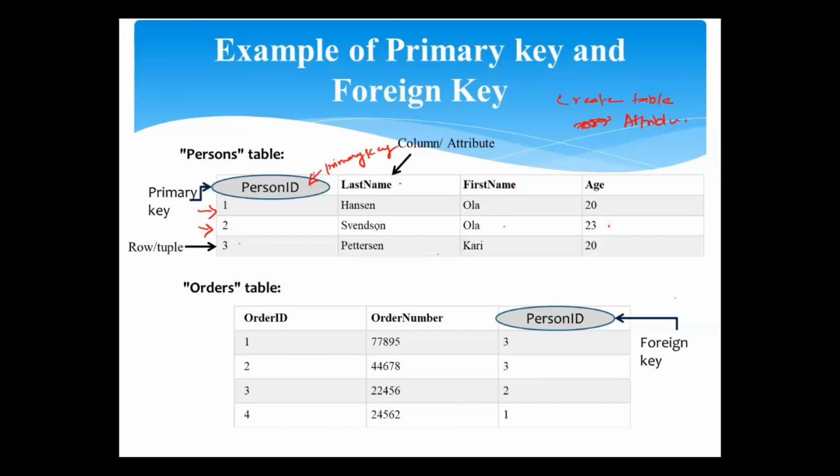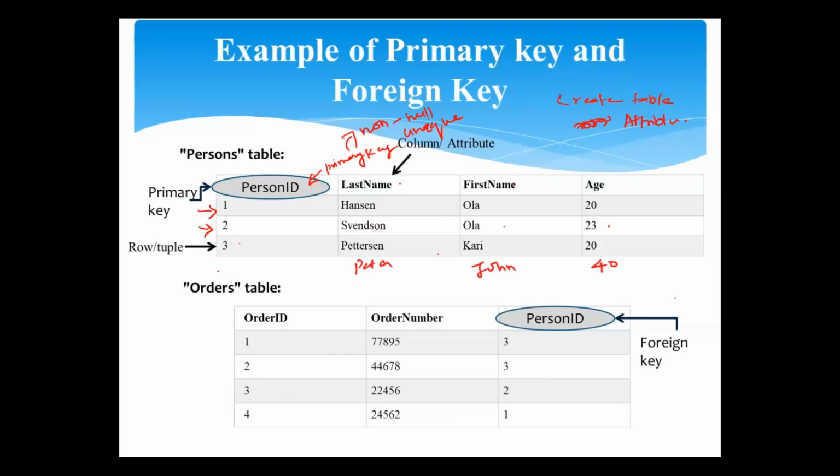What are the conditions to have a primary key? The primary key will be non null, and it will be a unique value. Non null means you cannot have a person id with no value and have, like, Peter, John, 40. This is not possible, a null person id.